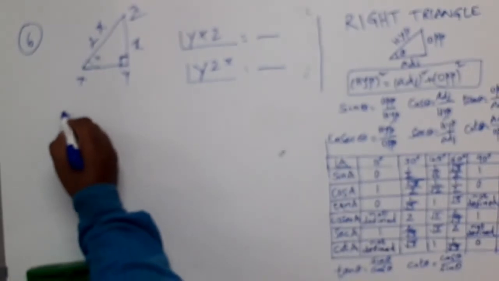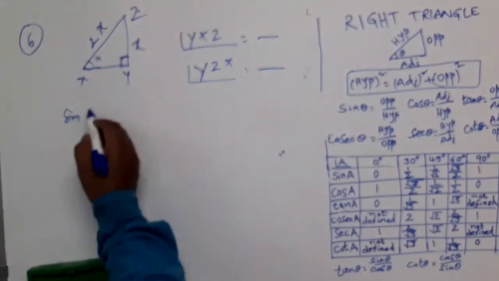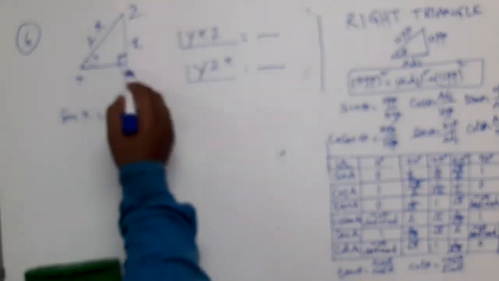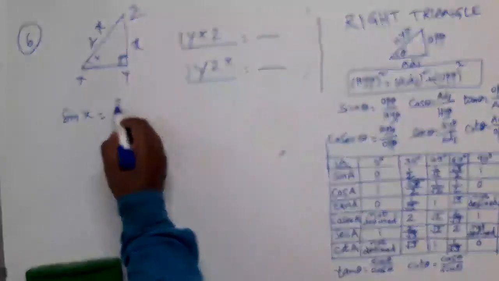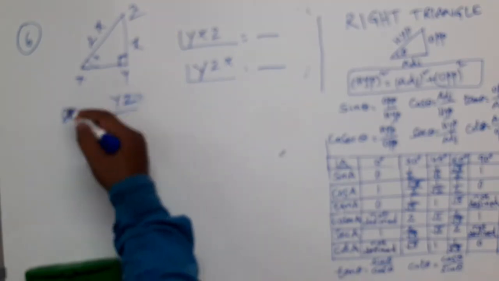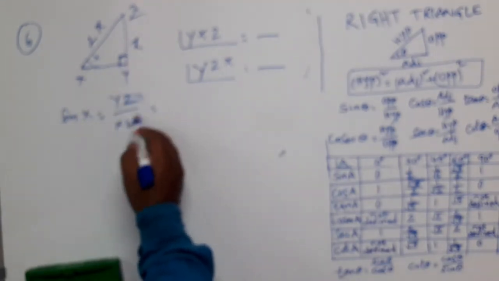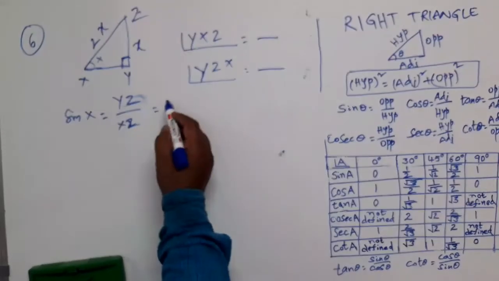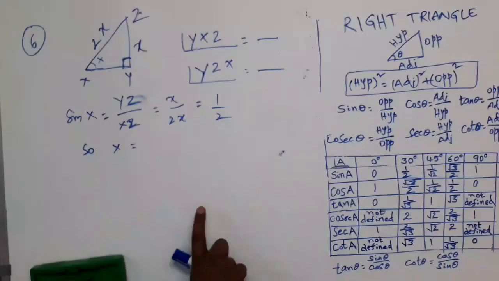So, sine of angle ZXY, or sin X, is opposite by hypotenuse, that is YZ divided by XZ, right? That is X divided by 2X. X and X get cancelled. So what will be remaining? 1 by 2. Sin X is 1 by 2. So what can I say from this? So angle X is what?